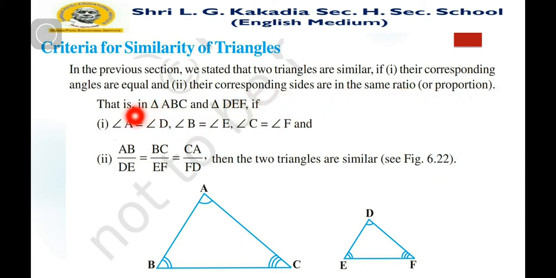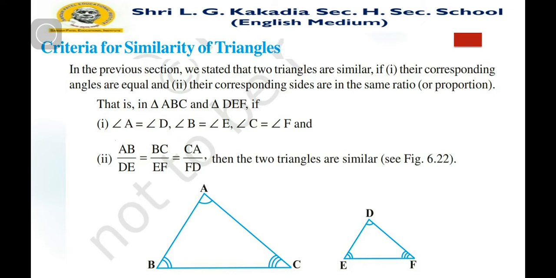So in triangle ABC, as you can see here, and triangle DEF given here, angle A and angle D are equal, B and E are equal, and C and F are equal, as well as the ratio of corresponding sides, AB upon DE, BC upon EF, and CA upon FD. Then the two triangles are similar, as shown in the figure.